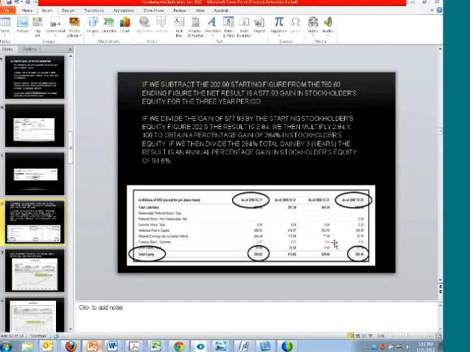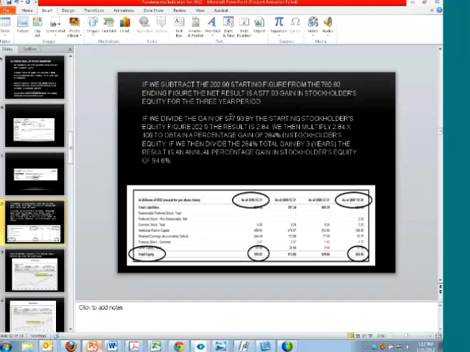Then 3 years later, on December 31st, 2010, they had $780 million in total equity. If we subtract the starting balance of $202 million from the $780 million, we get a net increase of $577 million in shareholders' equity.